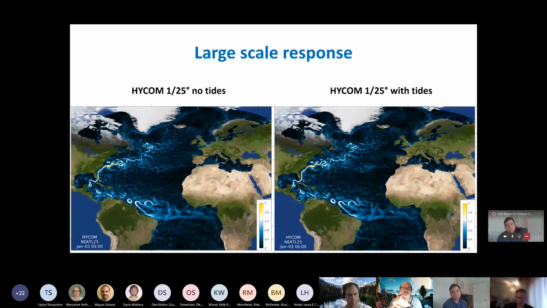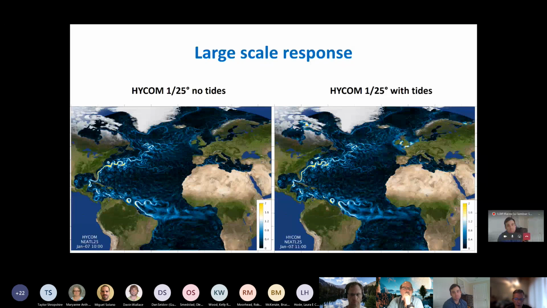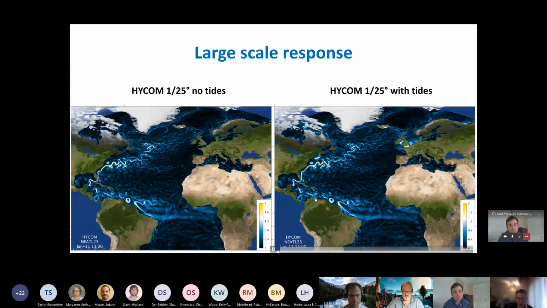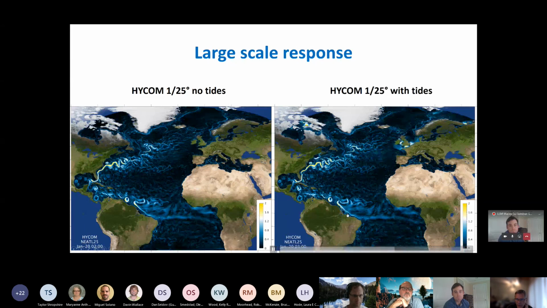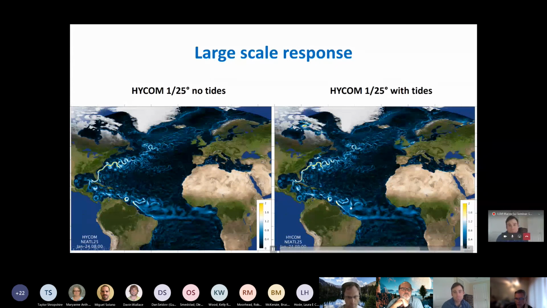Here, I hope you can see the movie, is a spin up. This is 1/25 with and without tides. 1/50 is the same thing. On the left, it doesn't appear to be moving because it's every hour, but you see the impact of the tides on the surface velocity field.